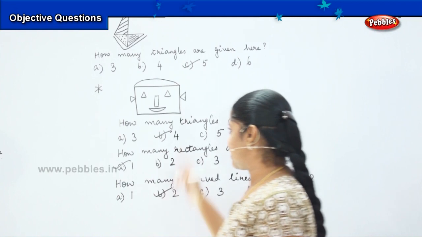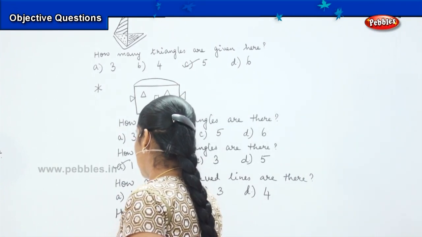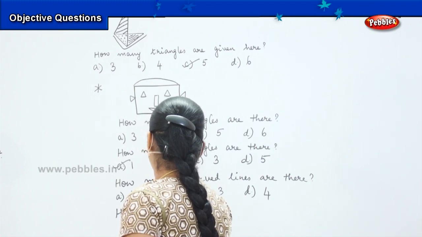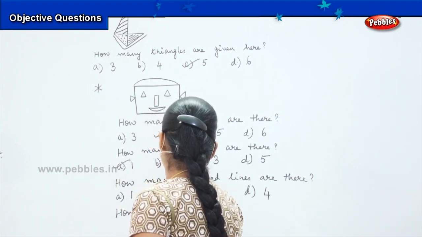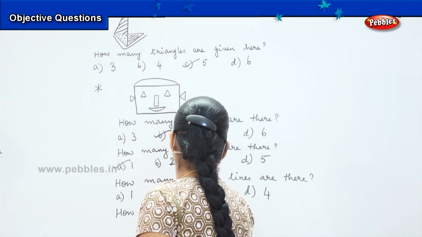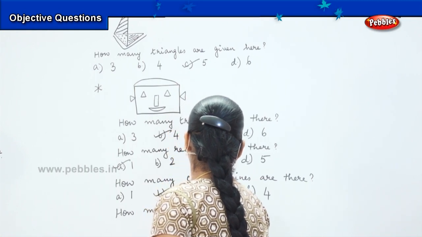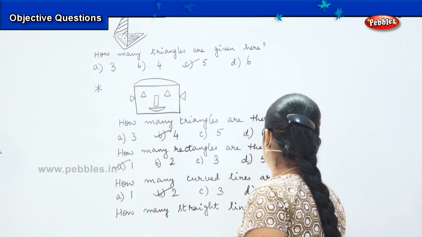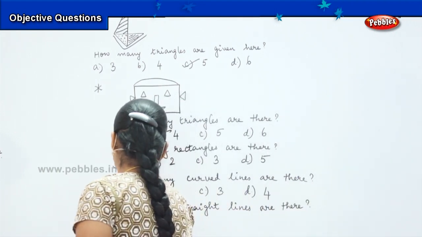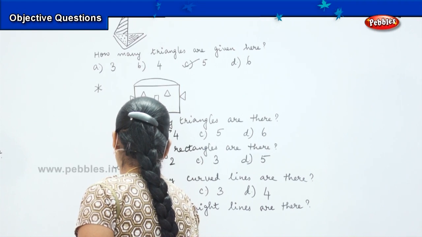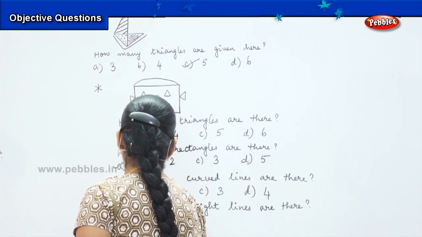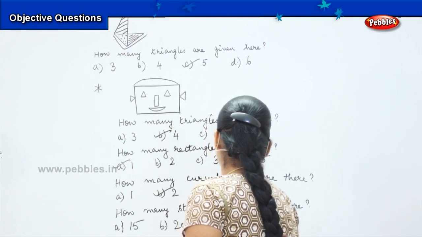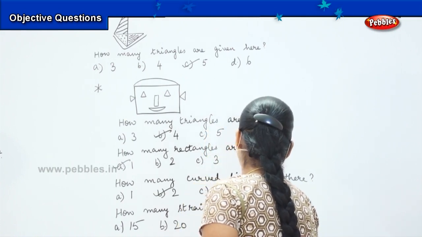The last set of questions from this diagram is, how many straight lines are there? My options are A 15, B 20, C 21 and D 25.